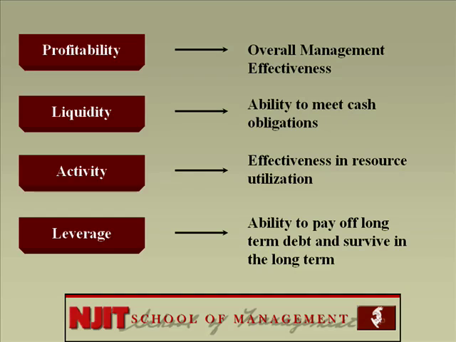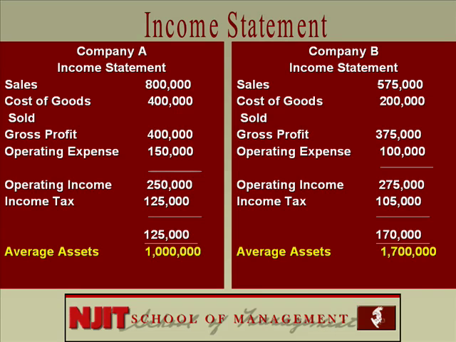So let's get our hands dirty. Let's start with your first ratio analysis. In front of you are 2 companies. I have given you an income statement for 2 companies, A and B. As you can see, for company A, the bottom line profit is 125,000, and for company B, the bottom line profit, that sales revenue after you knock off your expenses, is 170,000.